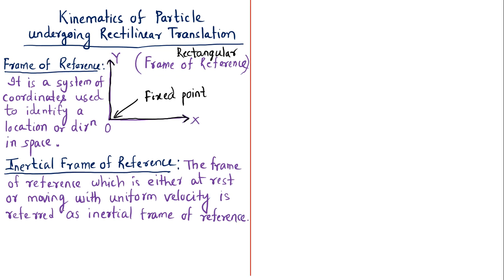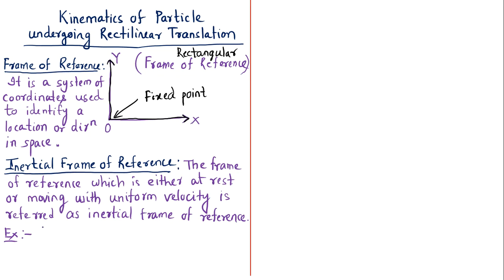What is the example? Suppose you are sitting inside a moving train, and the train is moving with constant velocity. Then any point on the train is considered an inertial frame of reference.